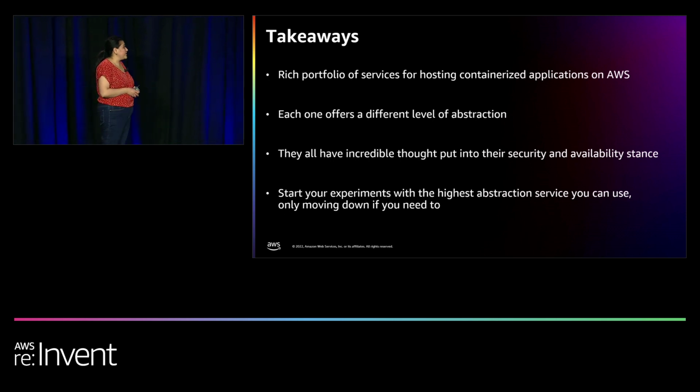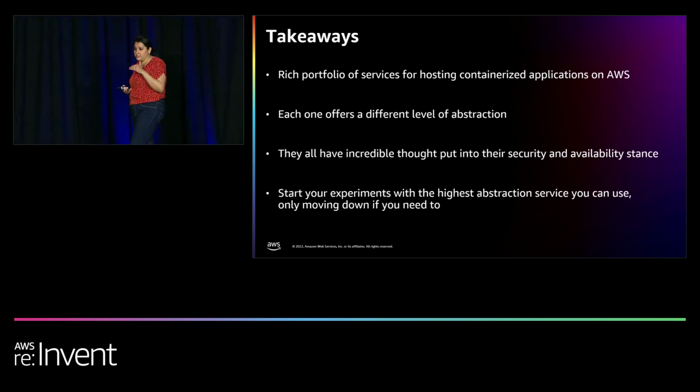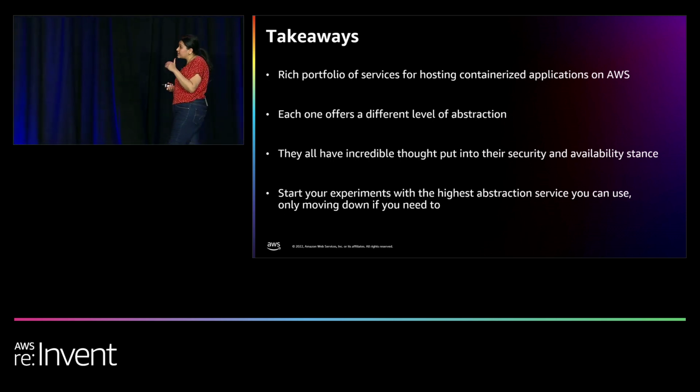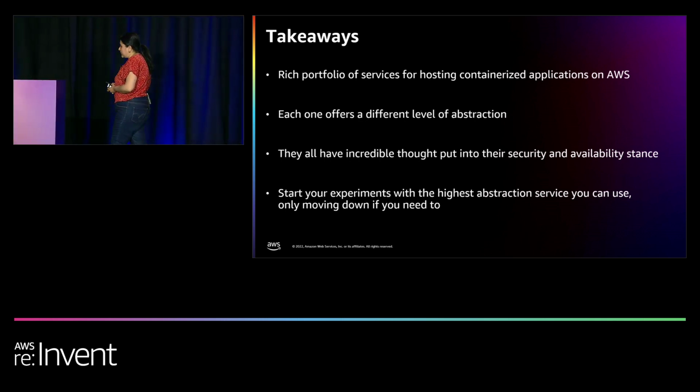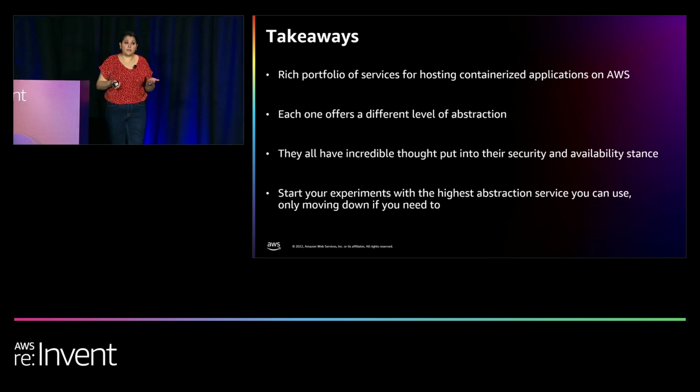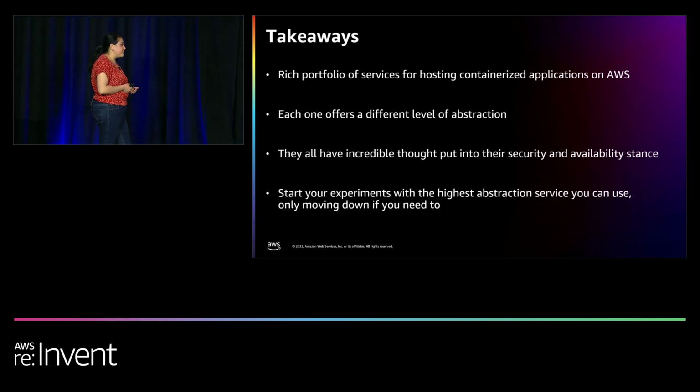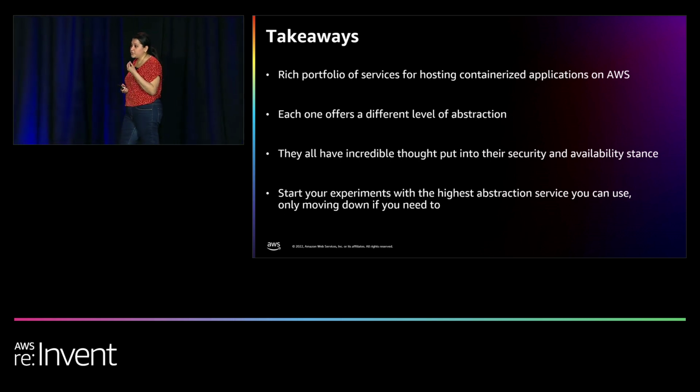But it's important to understand the different abstraction at which each service is providing for you. And my rule of thumb for these questions that we get is to always start with the highest abstraction service. And then, start your experiments there, and really only move down lower in the stack if you find specific reasons why the higher abstraction services don't work for you.